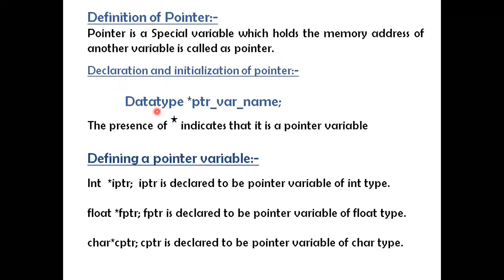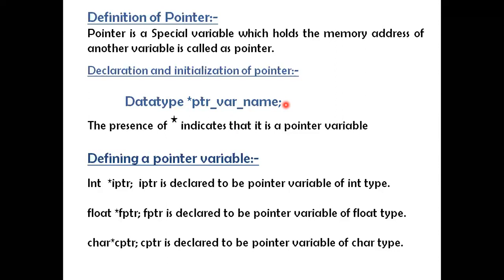Look at the syntax: data type, one blank space, and this is called a star, or asterisk. Need to remember, it's a pointer operator. Once again, I'll repeat: data type, one blank space, asterisk or star or pointer operator, and immediately the pointer variable name, with a semicolon. This is the general syntax to declare a pointer variable.